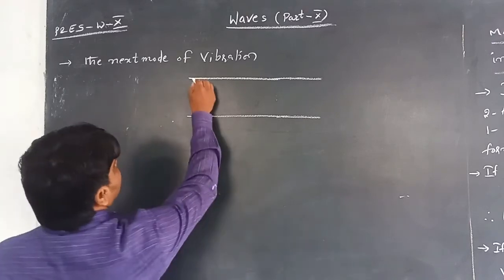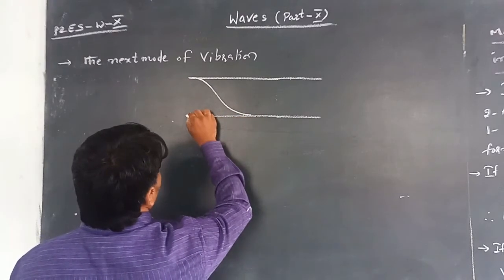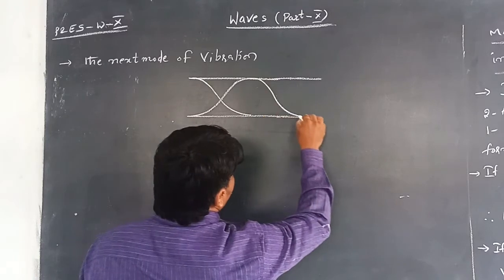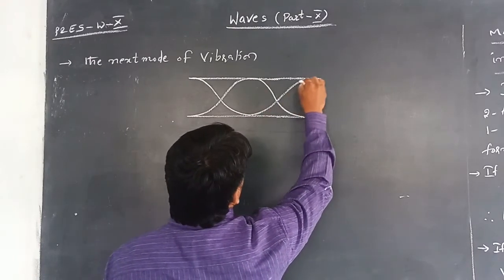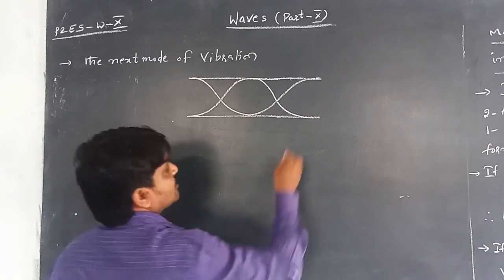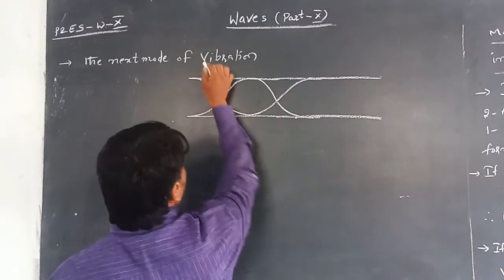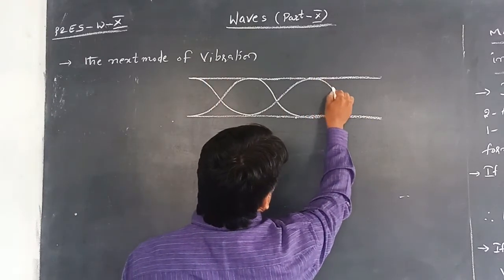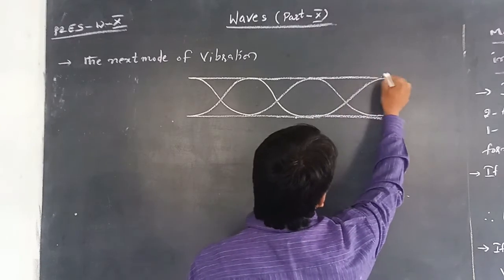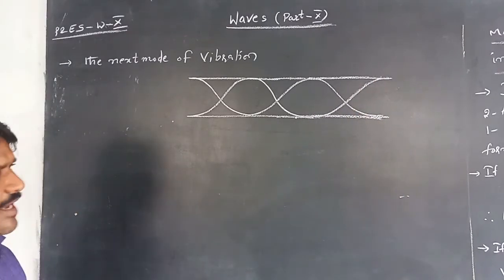When this one is the first fundamental frequency, as we know, and this one is the second harmonic or first overtone, as we have seen earlier, the next mode of vibration will be another harmonic of the fundamental frequency.